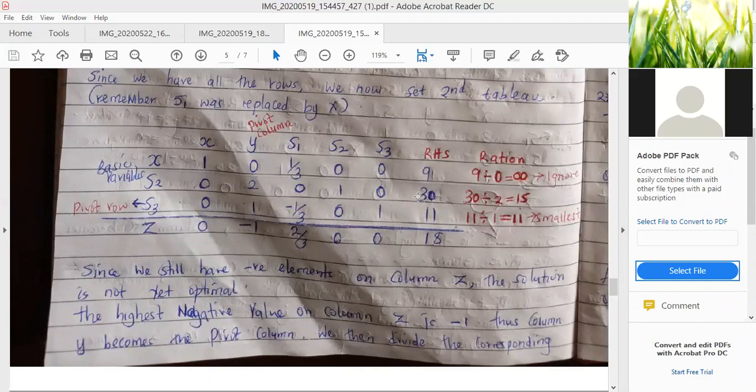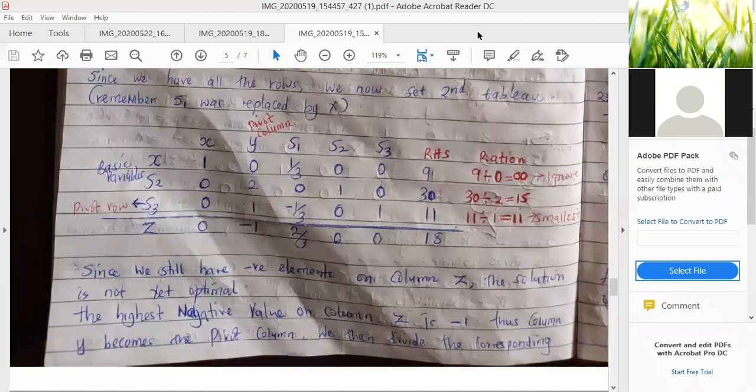By getting the right-hand side variables of those constraints, we divide by the corresponding elements in the pivot column. Now, among the variables, we have said we ignore the infinite variable. Now, between 15 and 11, the smallest is 11.